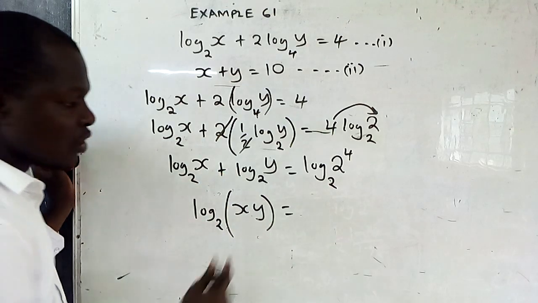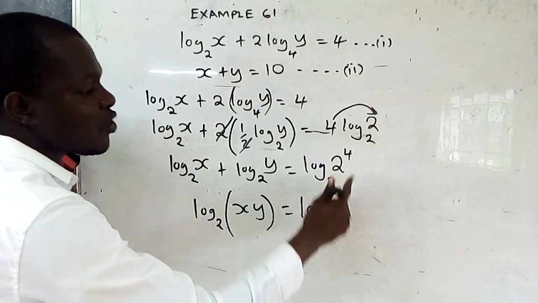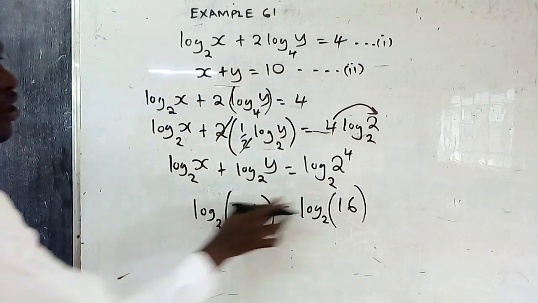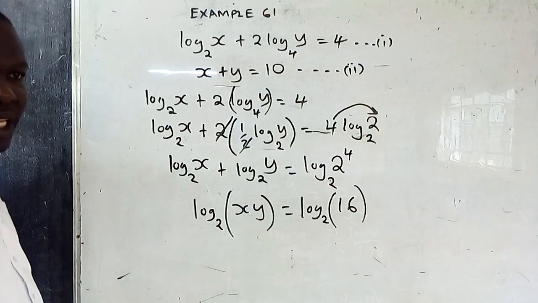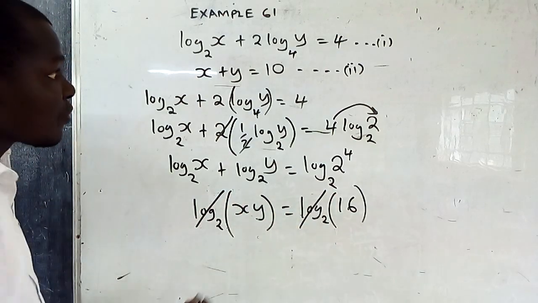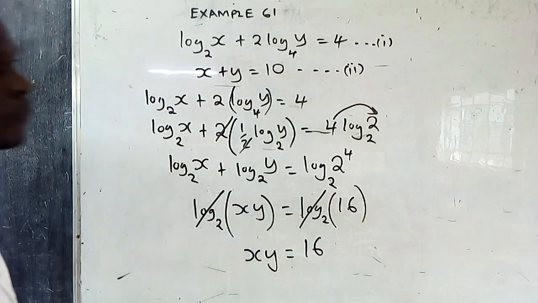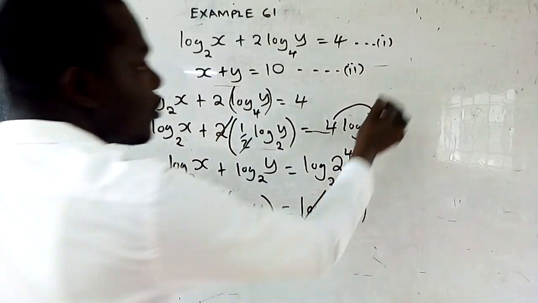This is equal to log to base 2 of 2 raised to power 4, which is 16. So we can now ignore the log on both sides of the equation, and we remain with xy is equal to 16.